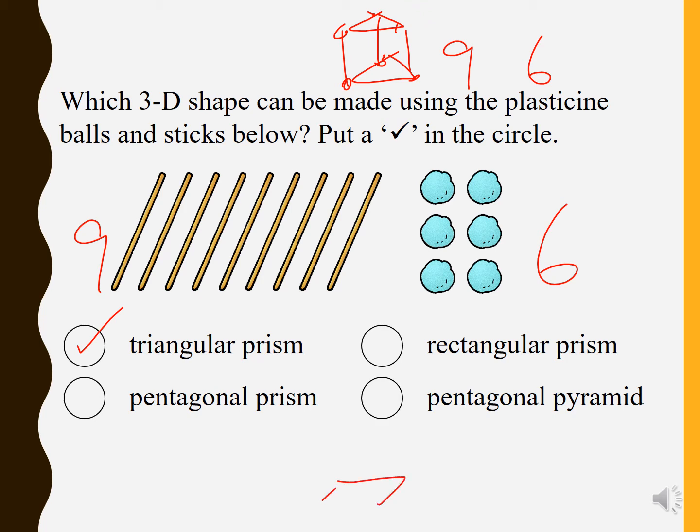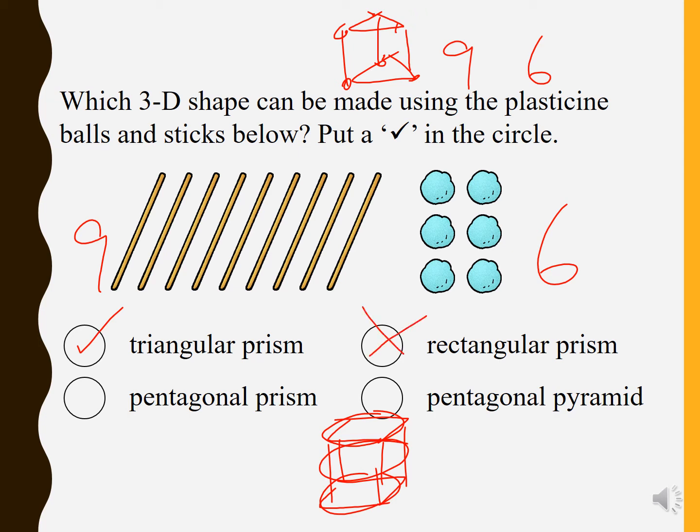It is a rectangle. So we have 2 bases. So we have 4 here, another 4, and then 4 in the middle. So that means 12 in total. So we don't have enough sticks to make rectangular prism.